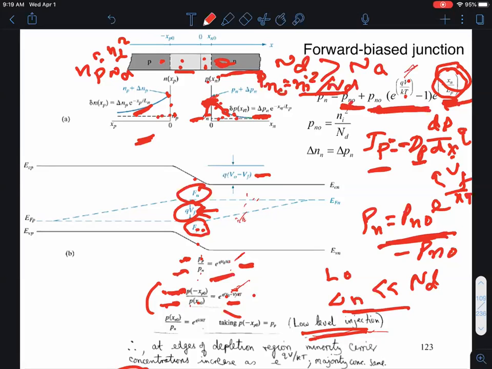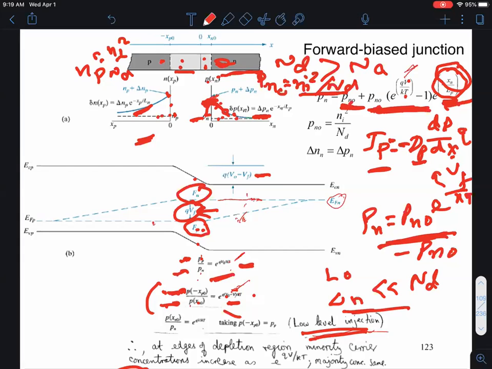What are the quasi-Fermi levels? Well, that's how the Fermi level in equilibrium changes under bias. So we have said that under bias, the Fermi levels are replaced by separate quasi-Fermi levels for electrons, which is EFN, and for holes, which is EFP. And you can see on the right-hand side, the quasi-Fermi level for electrons, EFN, pretty much stays the same as the original Fermi level because the fractional change of the electrons is small.